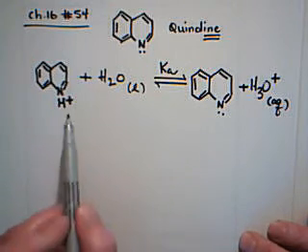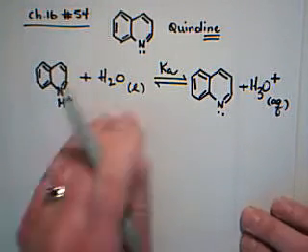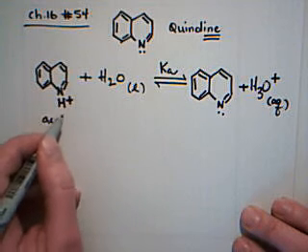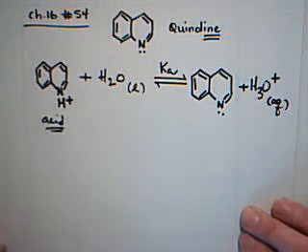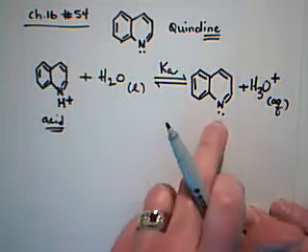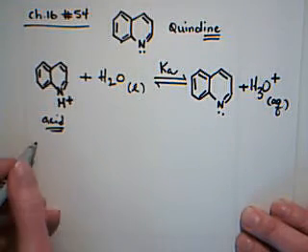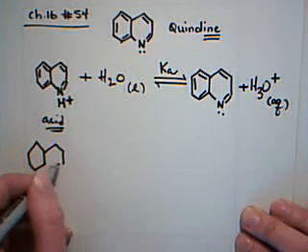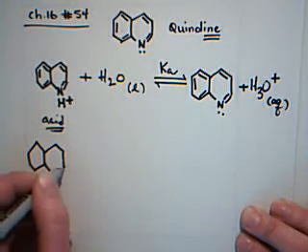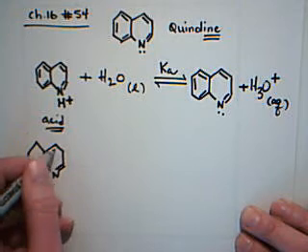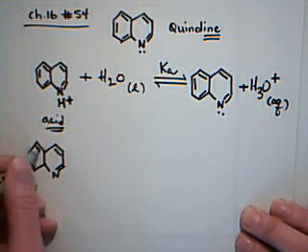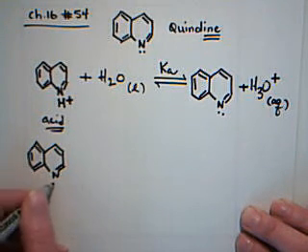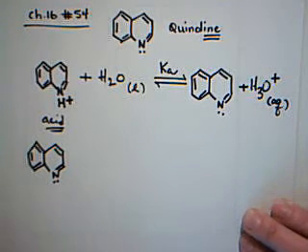What is the pKb for quinoline? This is the protonated form of quinoline, so that's the acid. And if I were to write the base in water, let's just do it, double bond, double bond, double bond, double bond, double bond. Okay, let's put this in water.